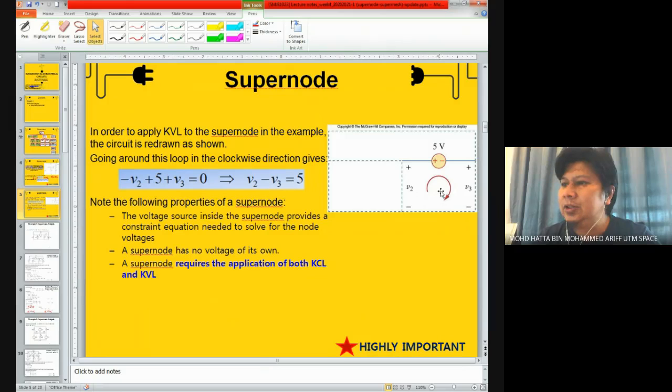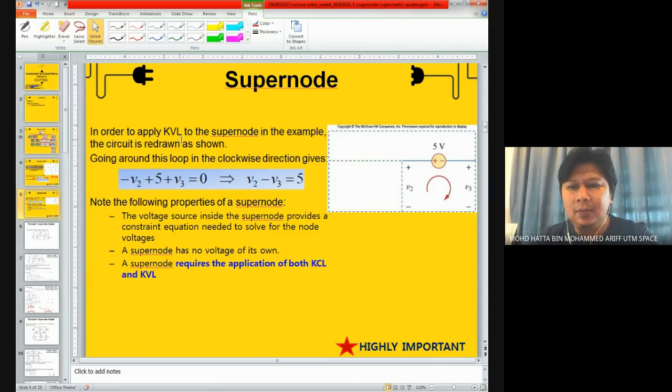So in this loop, you can see that we have negative V2 plus 5 plus V3. So this is a complete loop for the supernode. And in general, we can say that for supernode analysis, we need to apply both KCL and also KVL.